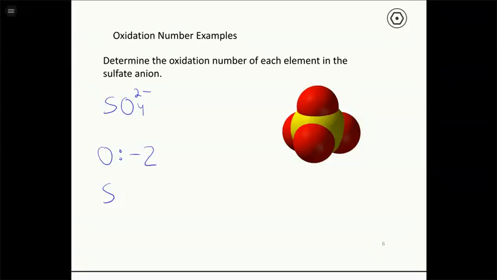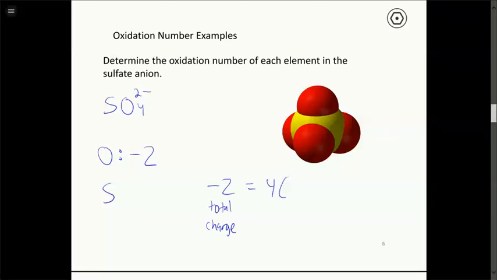All right, so we have oxygen is -2, and then we have to find out what the oxidation number is on sulfur. And again, we're going to go back to that rule that the sum of the oxidation numbers has to equal the overall charge. Now, in this case, the only difference here is that sulfate has a total charge of -2. So we don't want to set this sum equal to 0. We want to set it equal to the actual charge, which is -2.